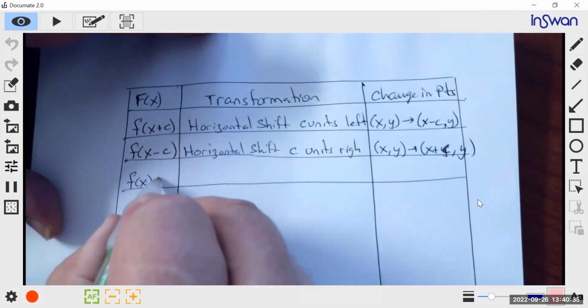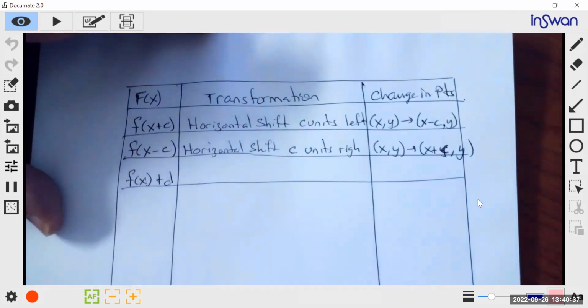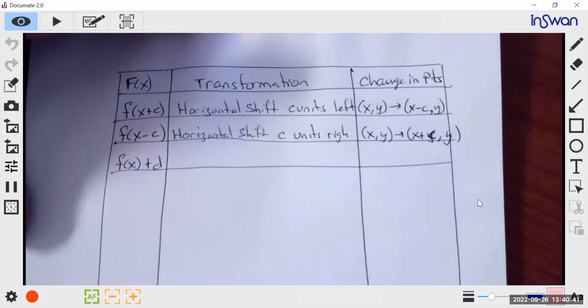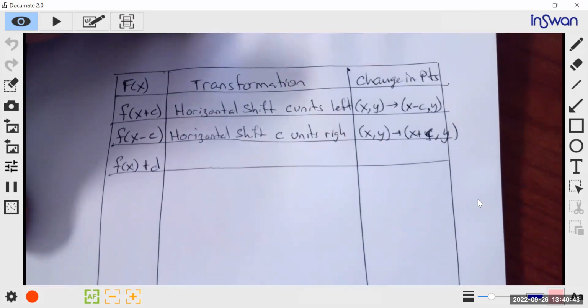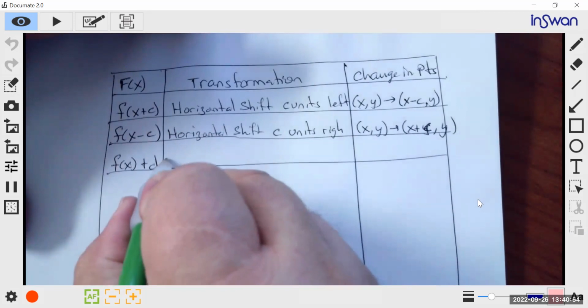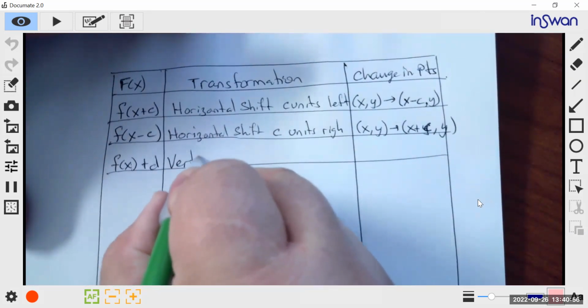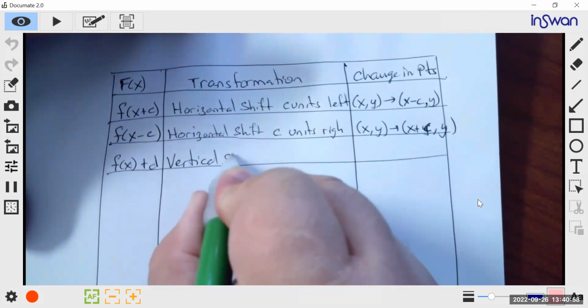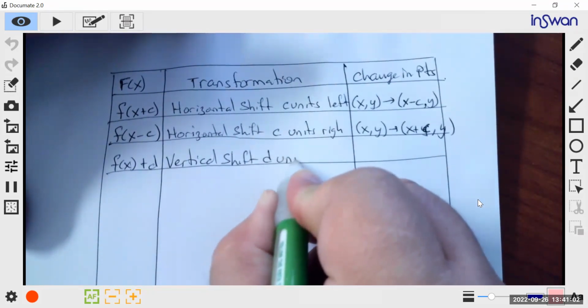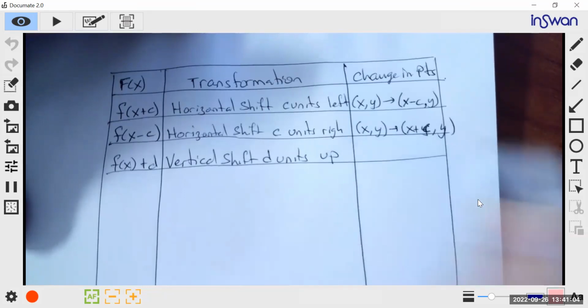What kind of shift is this one? If it happens outside the function, it has to be vertical, yes. If it happens outside, it's a vertical shift, right? D units up.